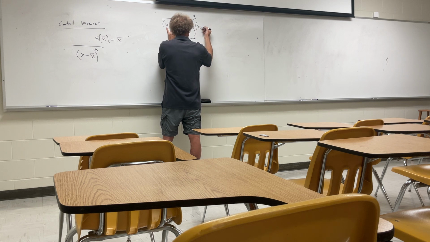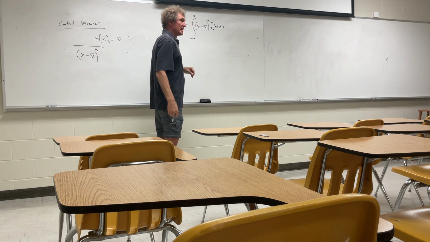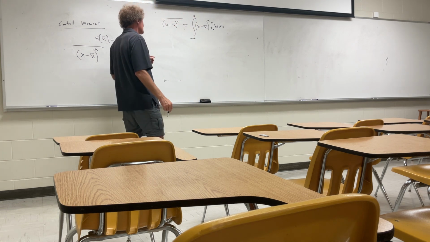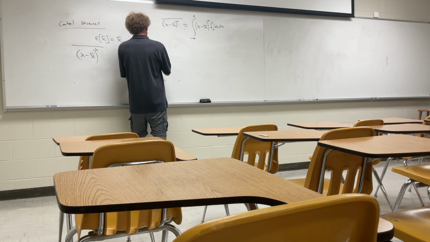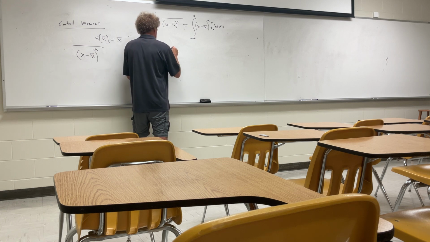So it's going to be the random variable x minus the mean value, a constant, to the n, f of x dx. Y'all with me? Now let me go through this. n is an integer value. So the first central moment will be when n equals 1.